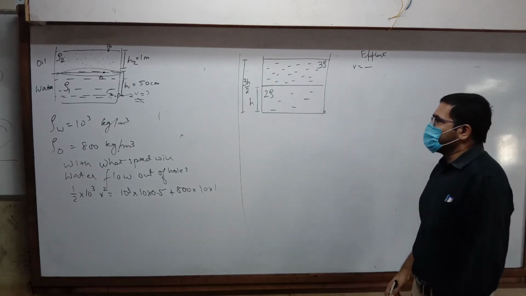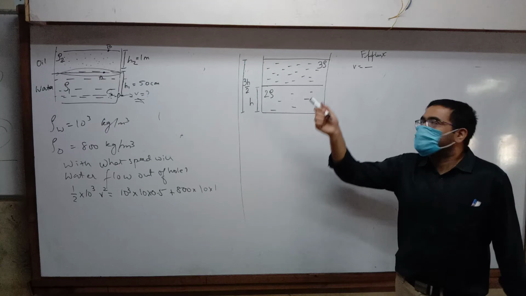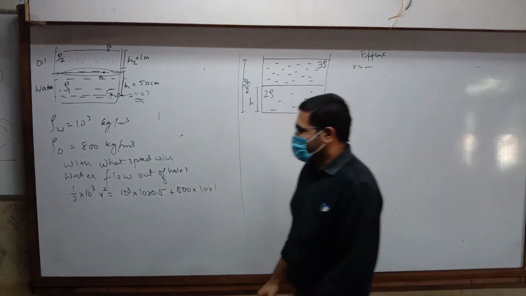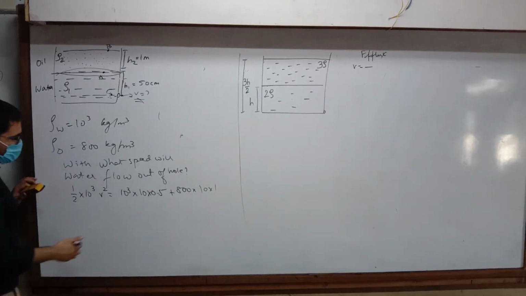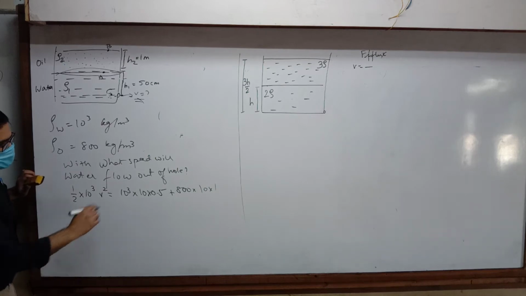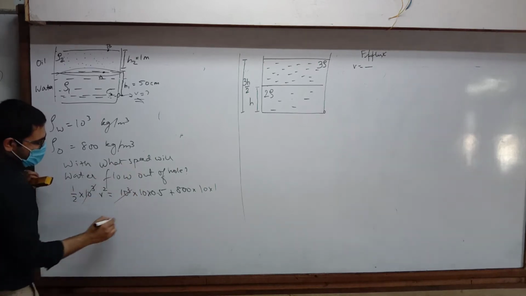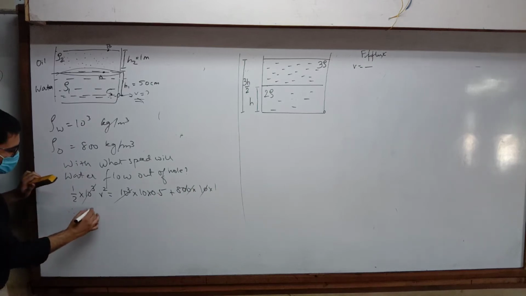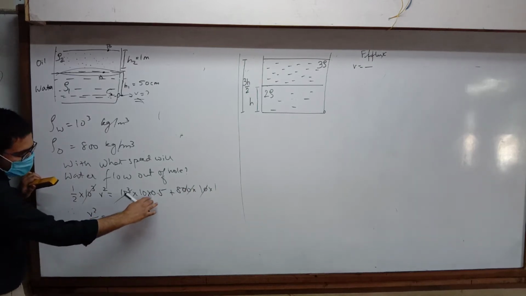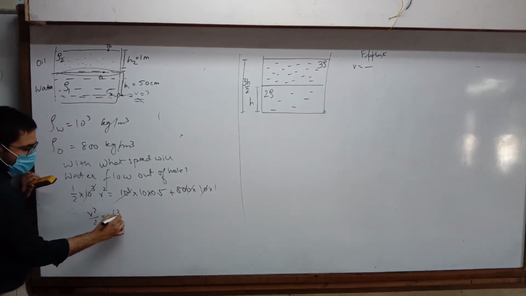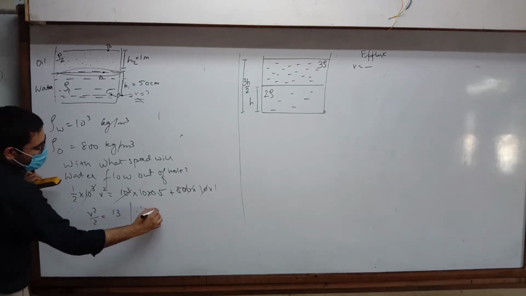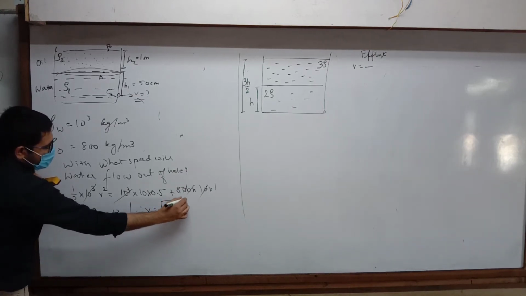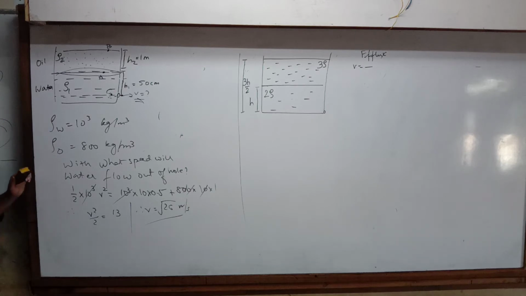Relevant heights are given. Just draw the diagram and write the formula, then solve at home. Let's confirm that you got the right answer here. You can cancel 1000 with these things here. Now we get v square by 2 is equal to 5 and 8 30. Yes, right. v equal to root of 26 meter per second.